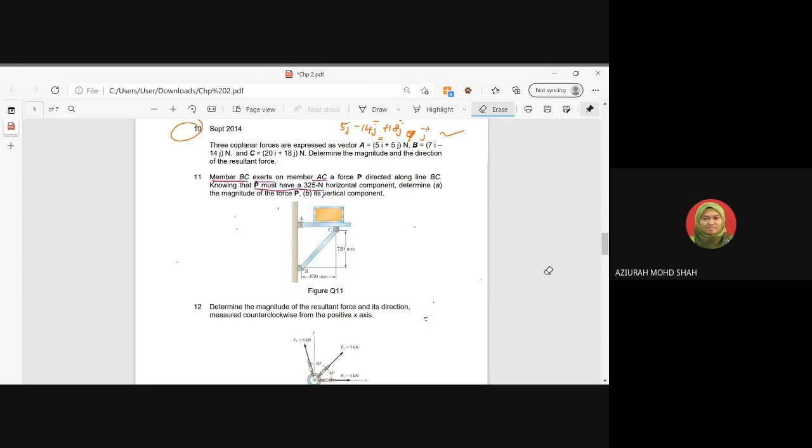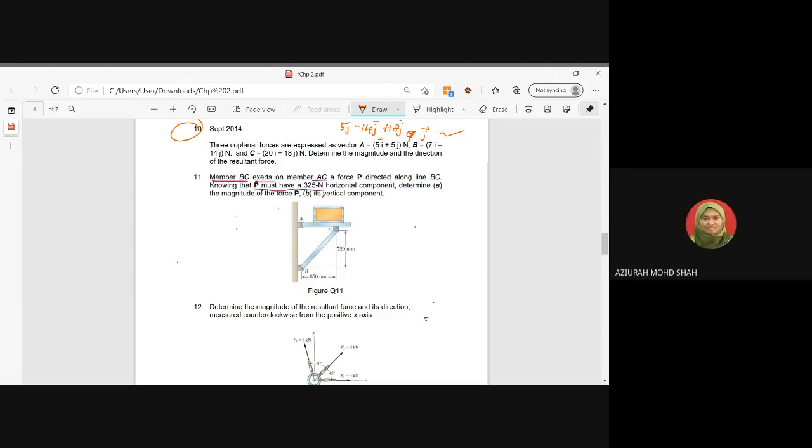The question wants you to find the magnitude of the force P and vertical component. So what are the information given? Apa yang maklumat diberi dalam soalan ini? P is 325 Newton.